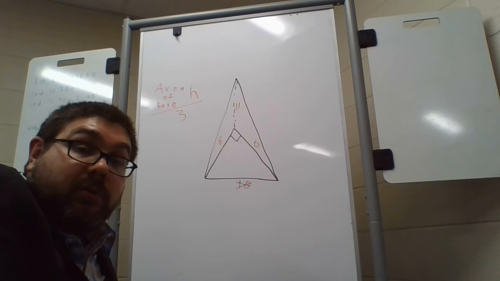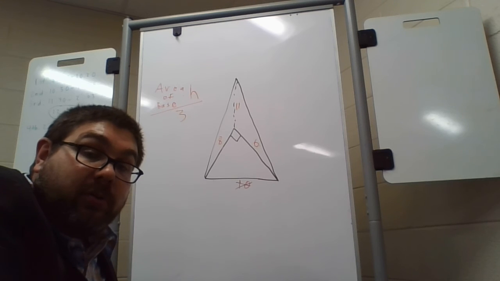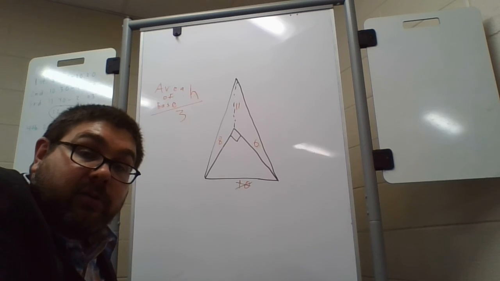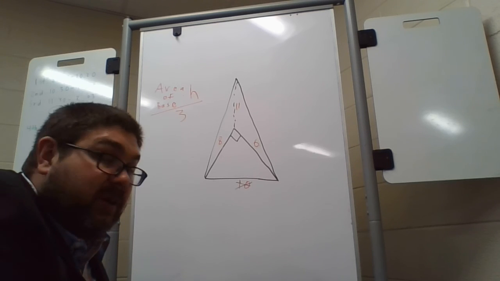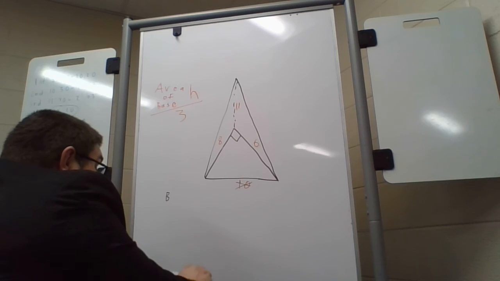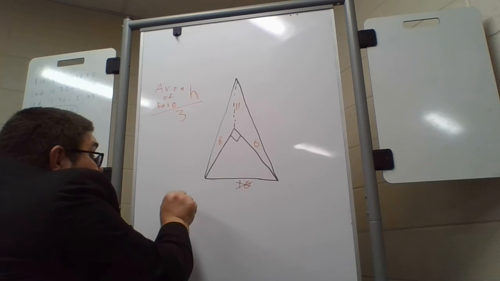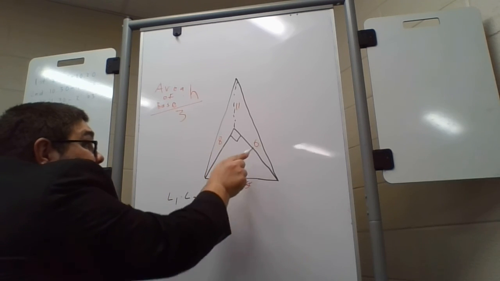Now, we divide the base by 2 to find the area. Once we're done, we divide everything by 3. What's 2 times 3? It's 6. Write this down, please. We're going to do leg 1 times leg 2. These are two different legs.